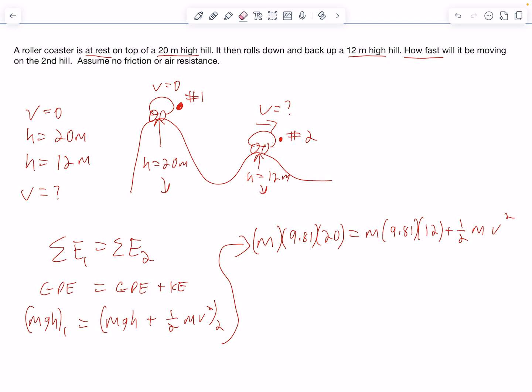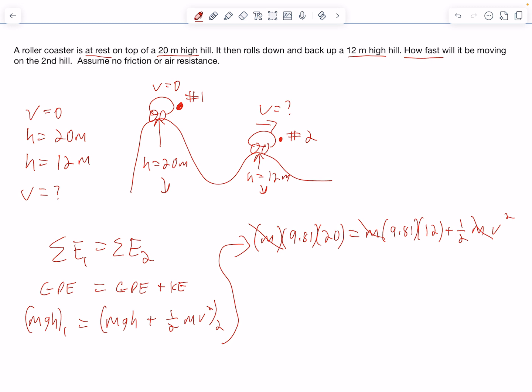Sometimes you'll see what's happening. And what I see is there's an m in every single term. So because there's an m in every single term, I can cancel those m's. I cannot cancel the 9.81 because the 9.81 is not in every term. It's not in that last term, but it is in the first 2.